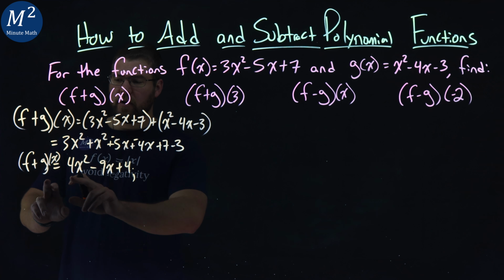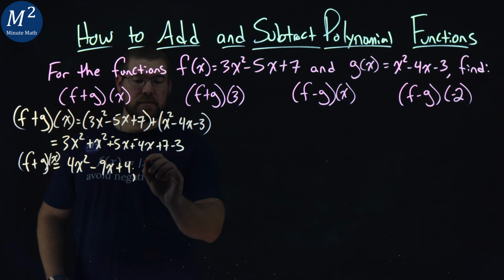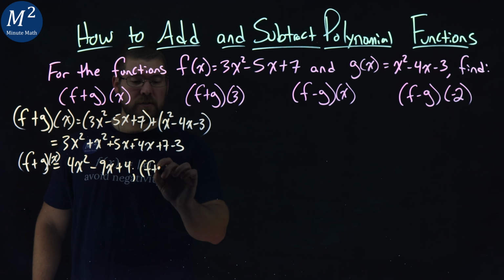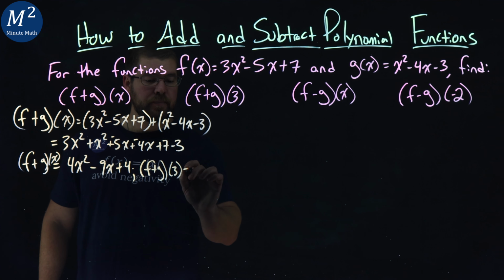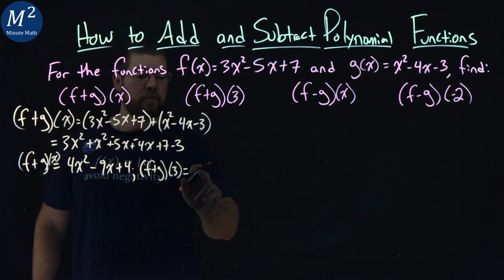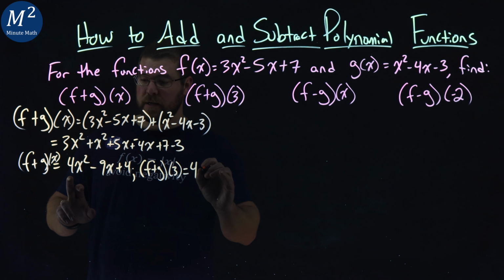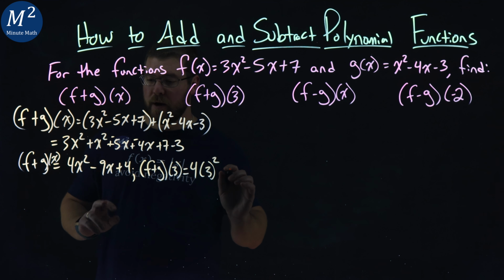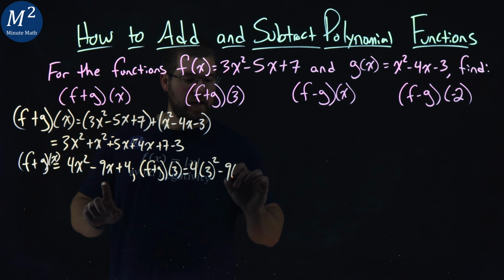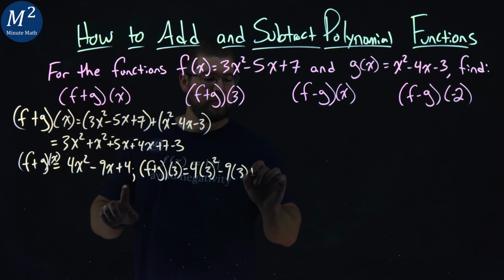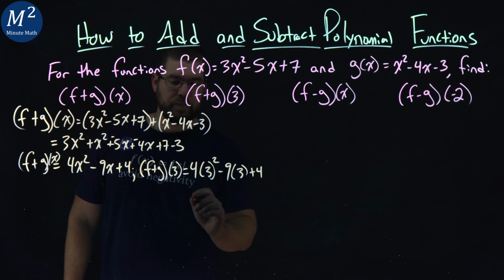Now they want to tell us what is f plus g of 3. Well, we can take that function we just have, f plus g of x, and rewrite it as f plus g of 3. And we're going to substitute 3 in for x. So we have 4 times 3 all squared minus 9 times 3 for x plus 4.